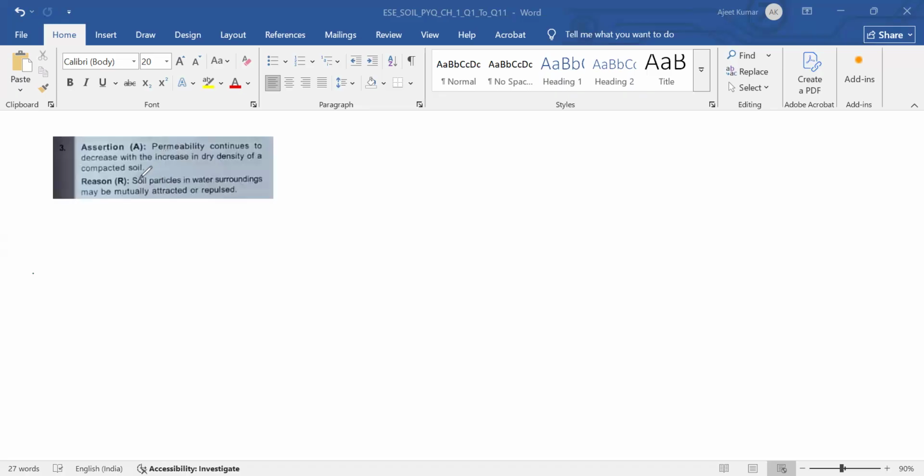This is assertion, and the reason is soil particles in water surroundings may be mutually attracted or repulsed. Okay, so the answer for this question: both statements are true, but reason is not the correct explanation of assertion. So for this question, answer will be B.